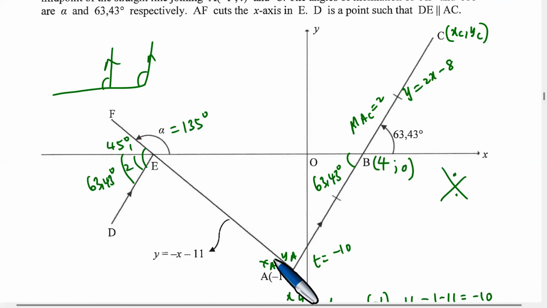So you could have the following. If it's E, A, G, C, the G is a point somewhere there.